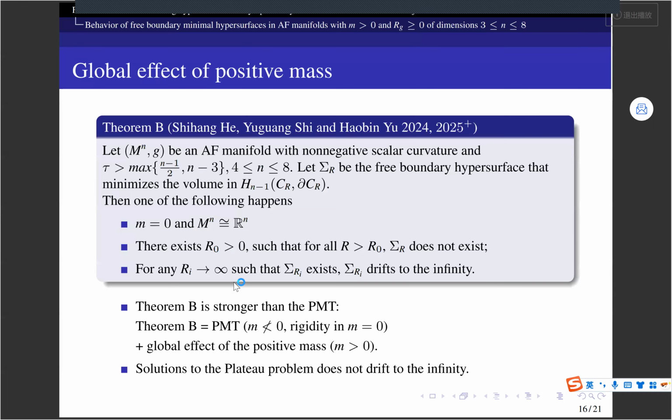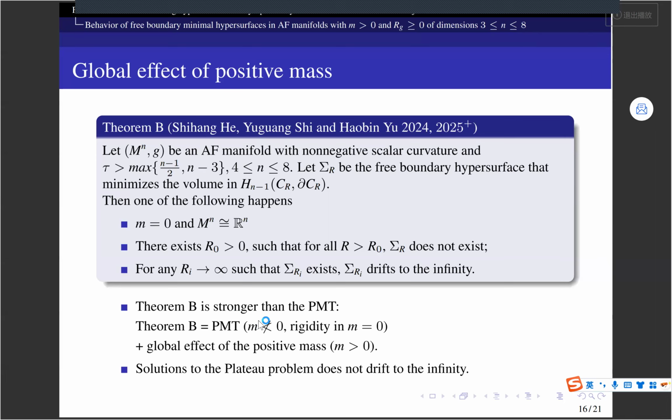And we would like to say that this theorem actually consists of two parts. The first part is the positive mass theorem, and the second part is the global effect of positive mass as shown above.